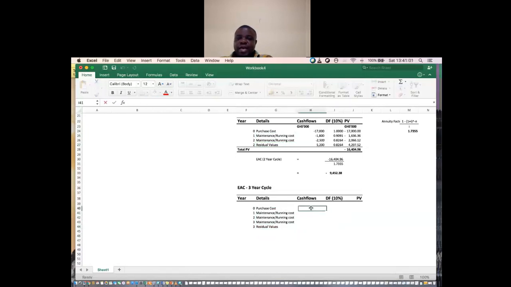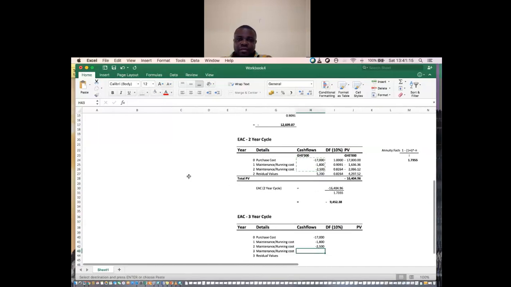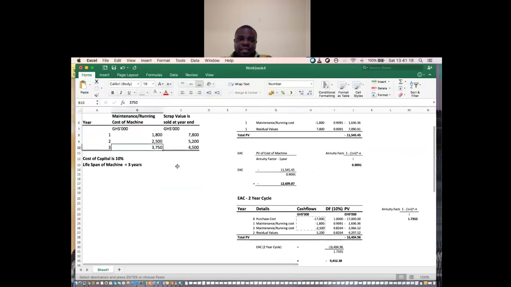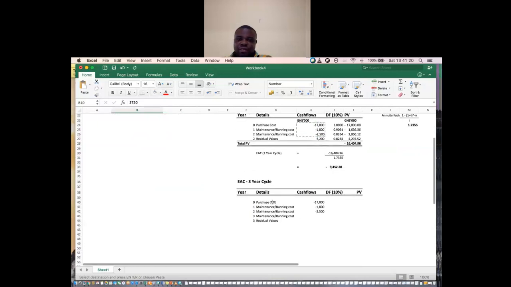So you put the cash flows there, which is the same as these. So which is the same as this. But that for the year 3 is this. That's 3750.